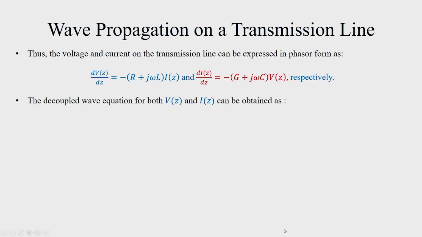Now, if we notice here, the space derivative of the voltage is related to the current phasor. Similarly, the spatial derivative of the current phasor is related to the voltage phasor. Now, we can decouple these two equations to form the wave equation for the voltage and current.